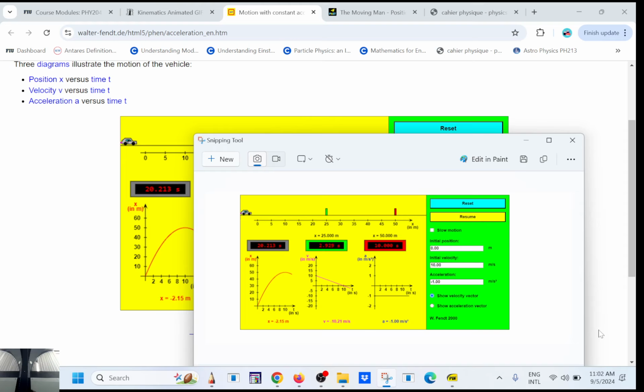But once I let go, it's only gravity acting on it. So when I do this, that means I'm stronger than gravity, so the acceleration will be up, right? I make it go up. But once I let go, the only force acting on it is going to be gravity.